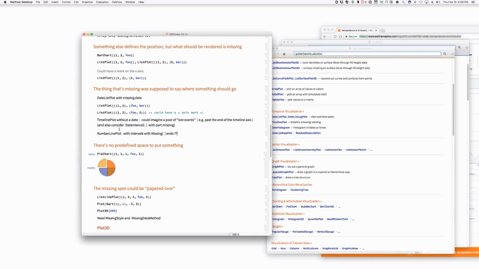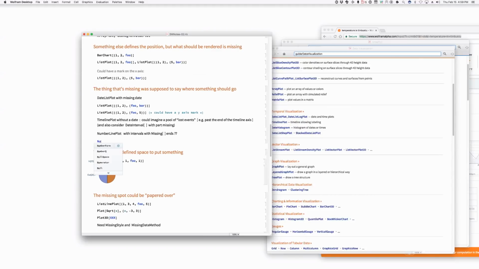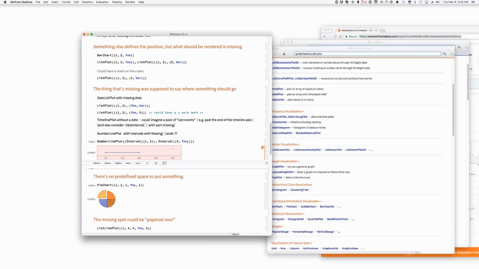What do we do right now? I imagine it just throws out the entire interval, unless it blows up completely, but hopefully not. Let's just see. That's not good. So that would be a bug.